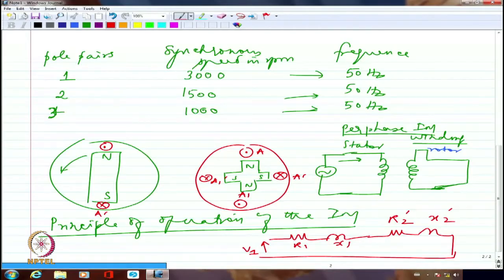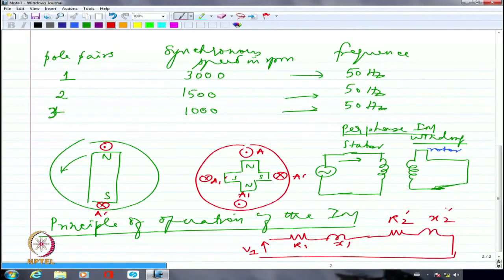If I had done the same short circuiting in a transformer, it will be 20 to 25 times the full load current, whereas in an induction motor it is about 6 to 8 times, which is still tolerable. It's not as high as 20 to 25 times the full load current like what you see in a transformer. In the case of an induction motor, it may be 6 to 8 times, which is still okay, not too bad.